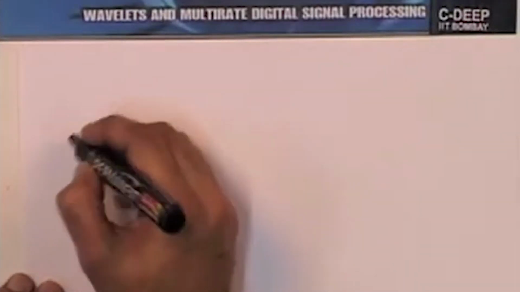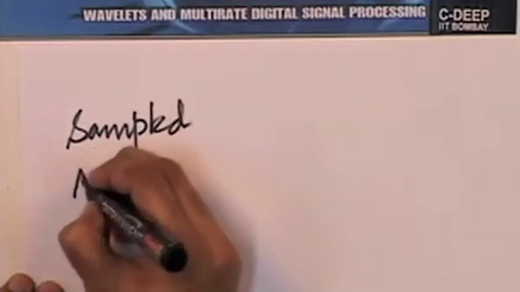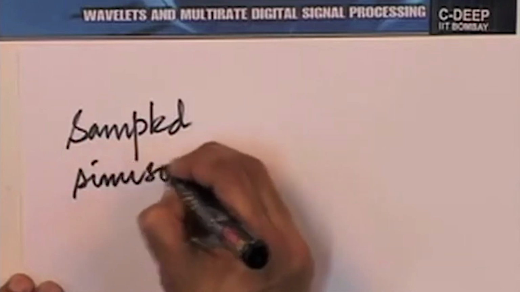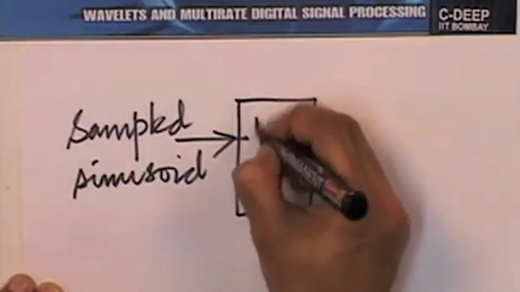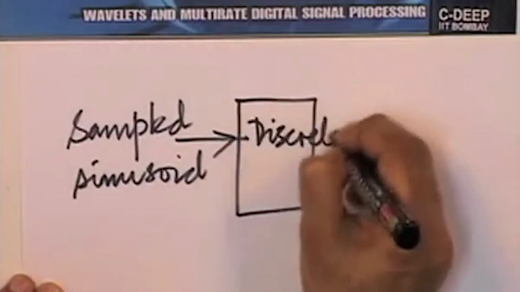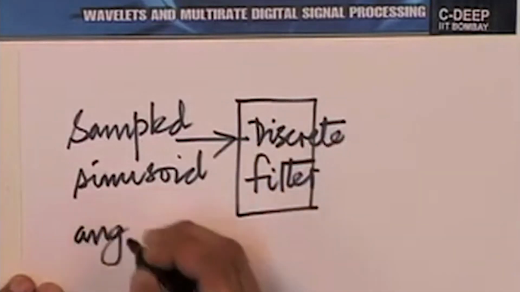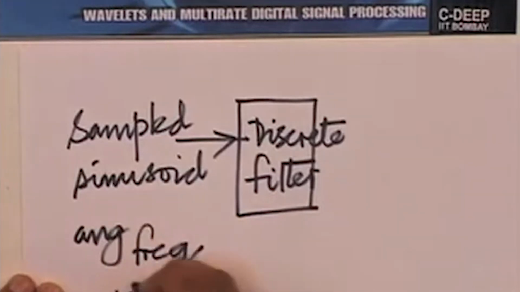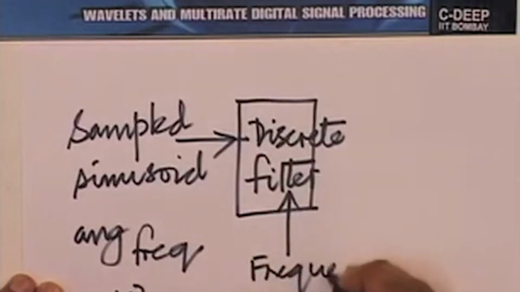So, recall that if you give a sampled sinusoid to a discrete time filter, let us say the angular frequency is omega and the frequency response here is H of omega.